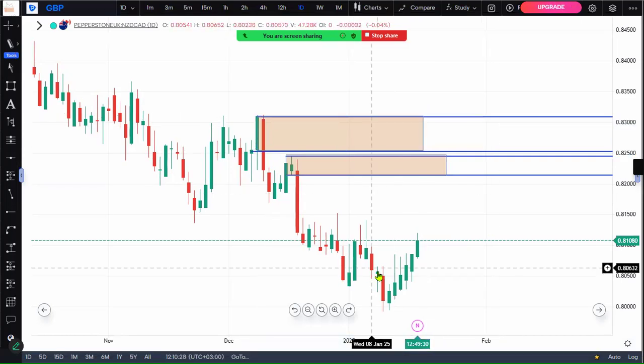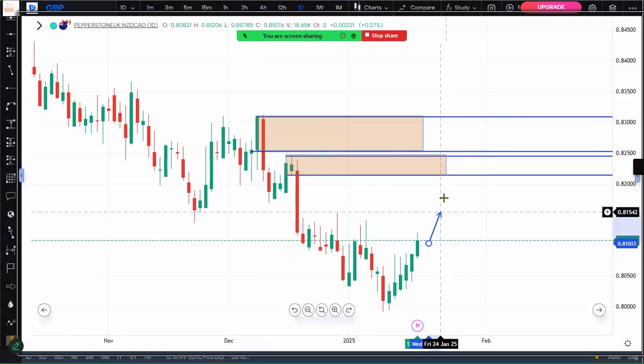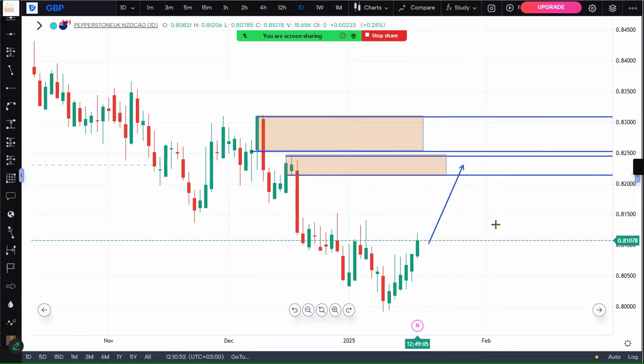If we get to see the market pushing towards these areas, then that's for me areas with high probability. Because initially I had a supply zone here on a lower time frame.